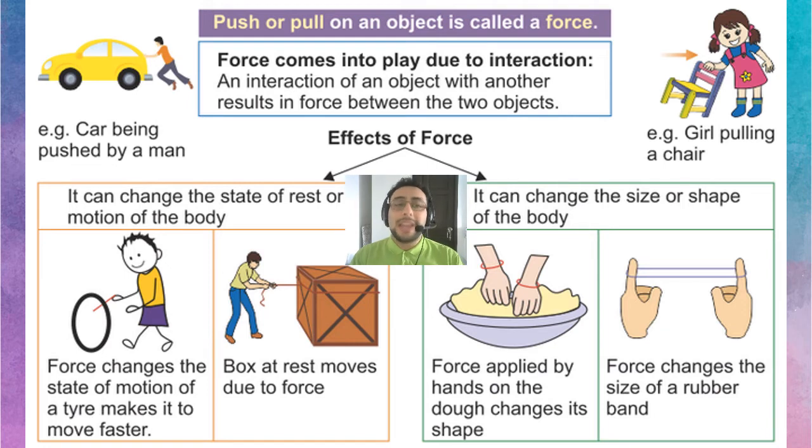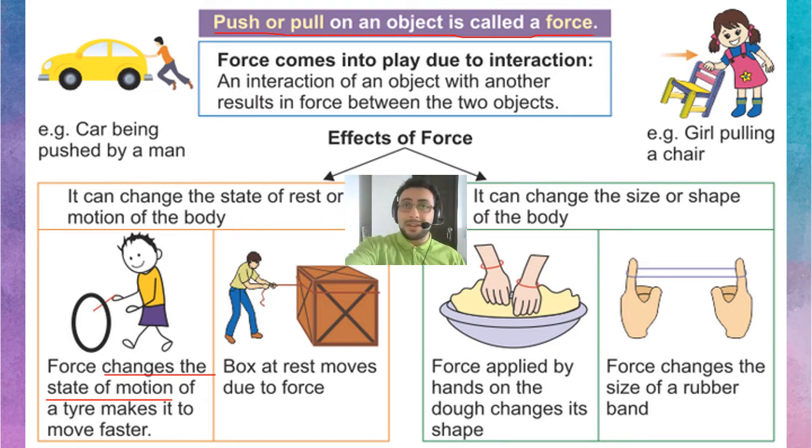Okay, so again, let's come back to this topic. Push or pull on an object is called a force. So push and pull are forces. Now, as I told you, you can change the state of motion. For example, let's say a ball is coming towards you, and then you push the ball towards another side.